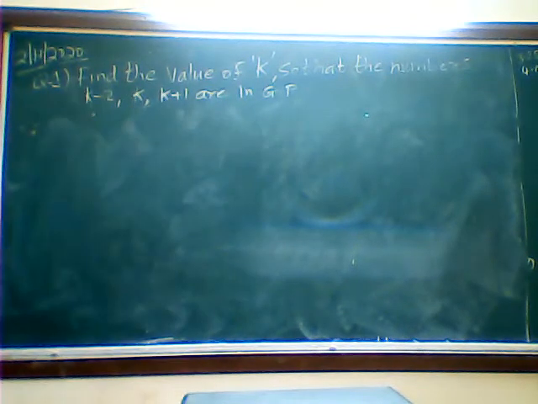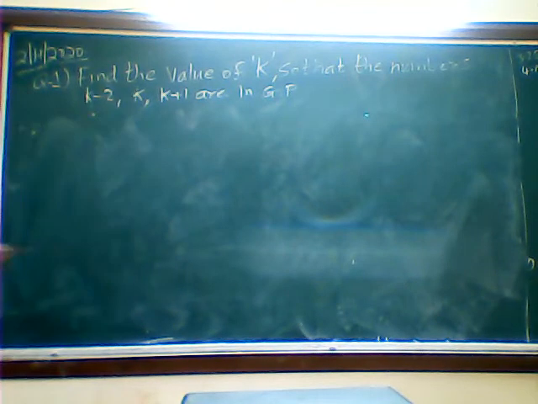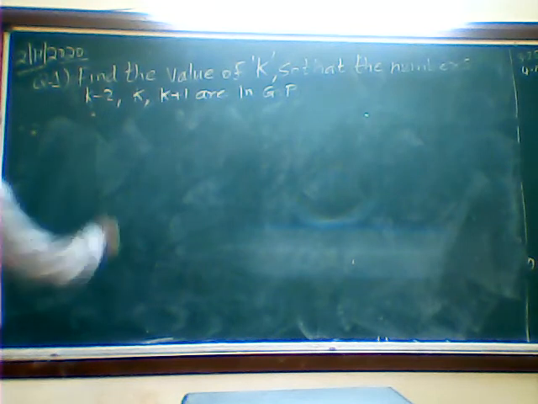Find the value of k so that the numbers k minus 2, k, k plus 1 are in GP. Okay, so the answer will be what?